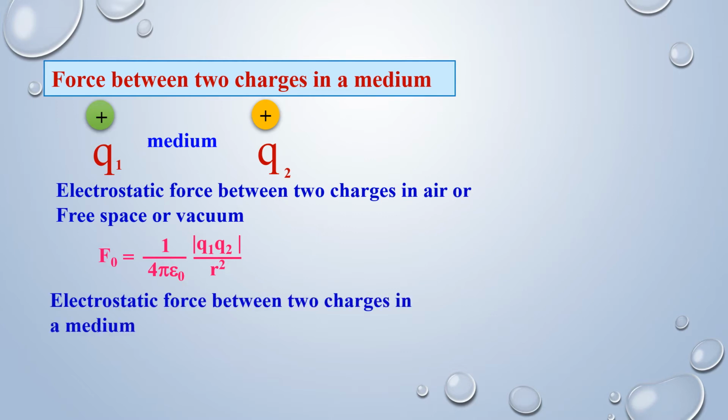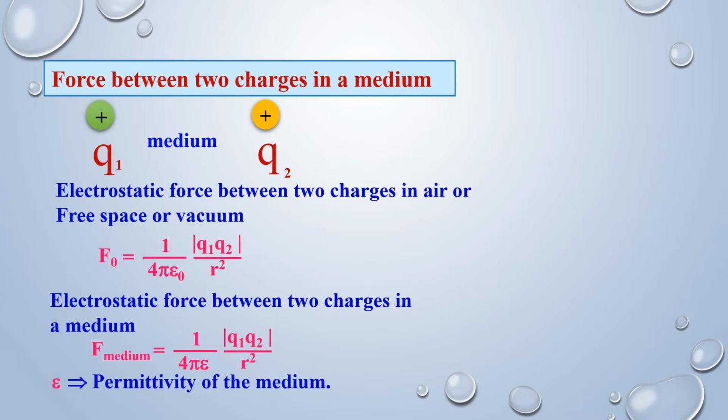In that case, the force between the two charges, which is placed in a medium, should give you an expression which is 1 upon 4 pi epsilon modulus of Q1 Q2 upon square of the distance between the two charges, where epsilon represents permittivity of the medium.